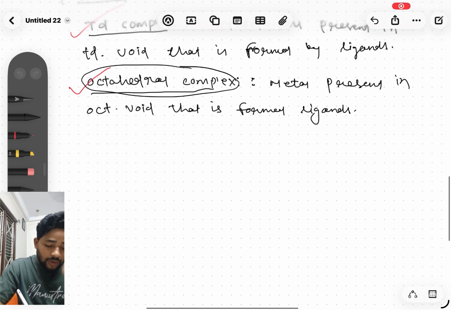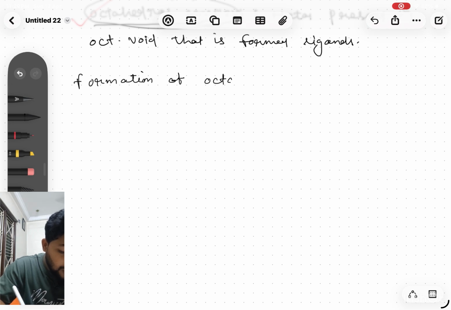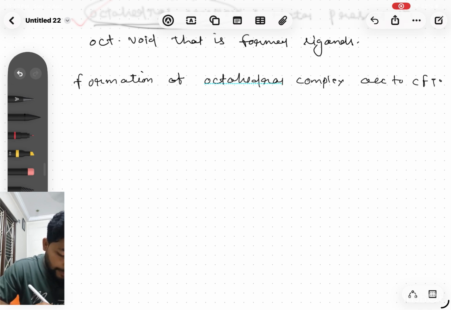Okay, so put the heading: formation of octahedral complex according to CFT. Okay, put this heading.